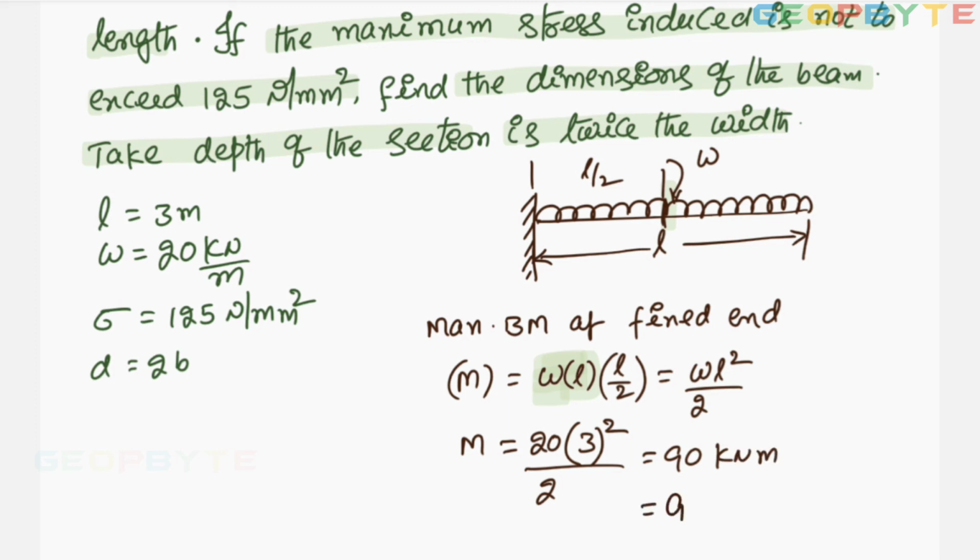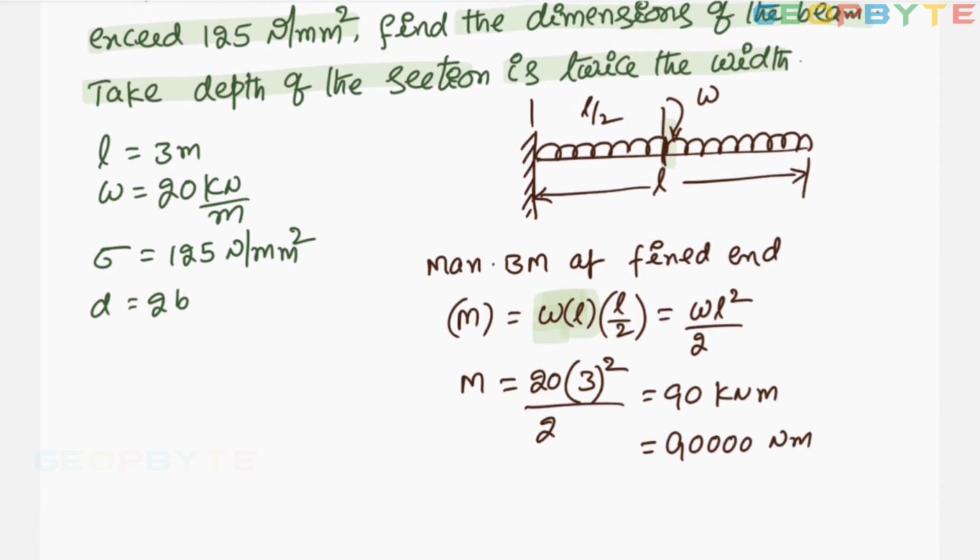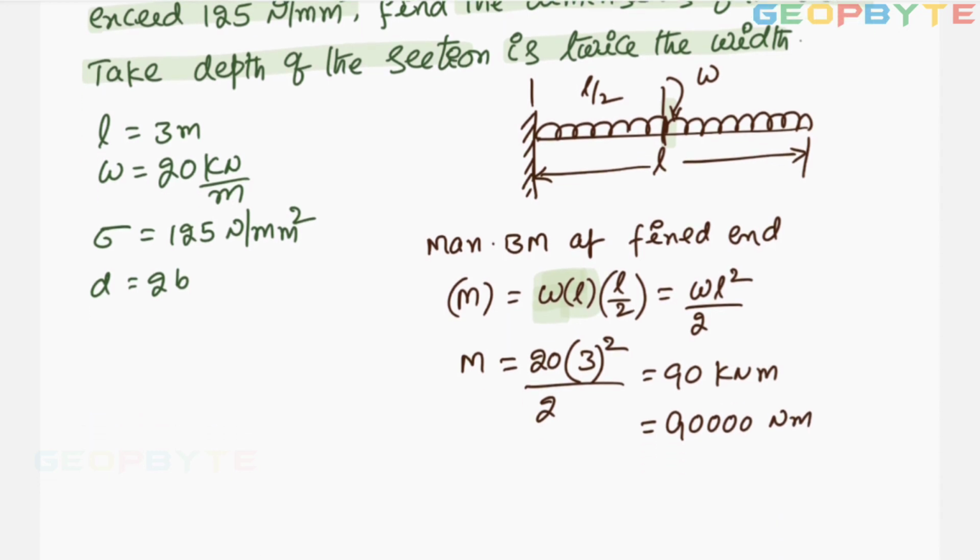It is equal to 90,000 Newton meter. For getting it in Newton mm, again multiply with 1000. 90,000 into 10 power 3 Newton mm. Indirectly it can be written as 90 into 10 power 6 Newton mm. That is the maximum bending moment.